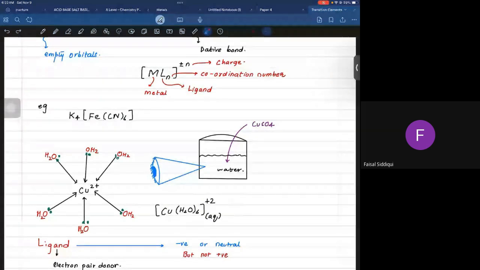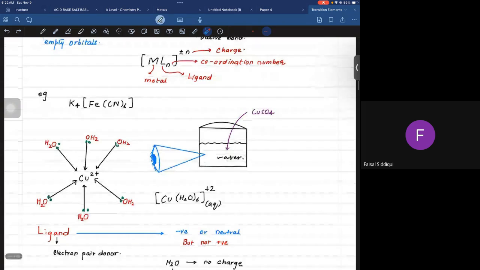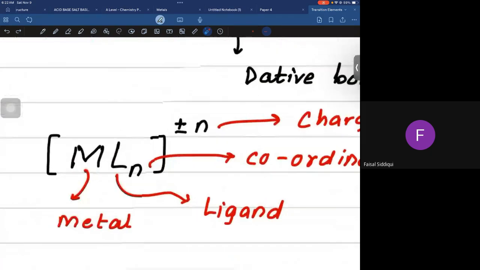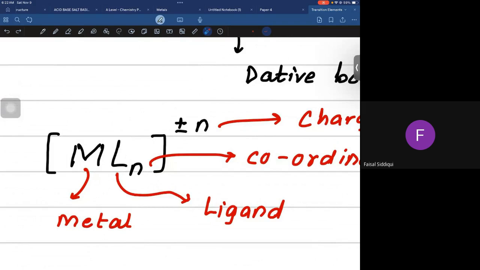The bond is always between a metal and a ligand. It can be any metal, it can be any ligand. Remember this. Now, how does the complex look like? This is a very important question. You would always see this bracket, you would always see the metal, you would always see the ligand, you would always see the number.